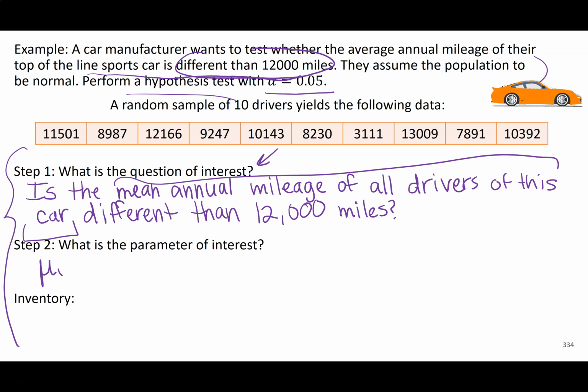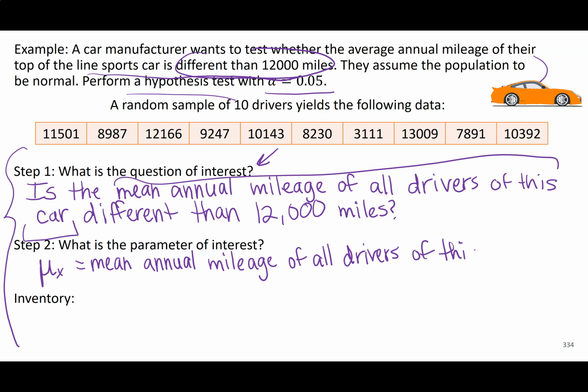So mu of x, and that's just going to be the mean annual mileage of all drivers of this car. Once again, you could probably be more specific. Of all drivers of this top-of-the-line sports car in this given year, but you can probably even get narrower.